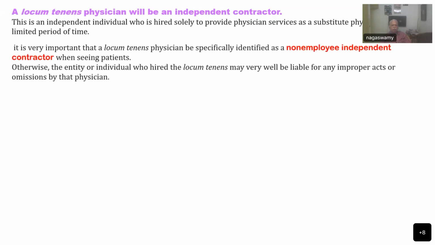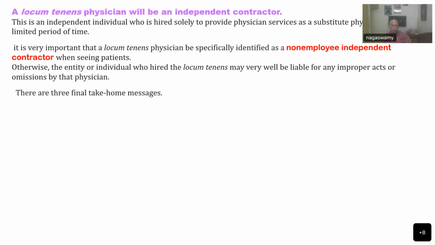Otherwise, the entity or individual who hired the locum tenens may very well be liable for any acts or omissions of that physician. So whoever recommends this locum, who is the permanent employee of the hospital, will bear the vicarious liability and not the hospital directly. So that is the understanding between a locum consultant and a permanent consultant.